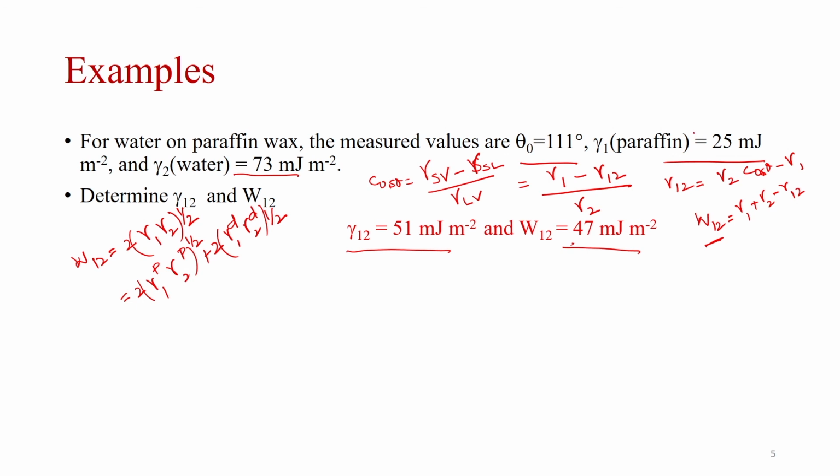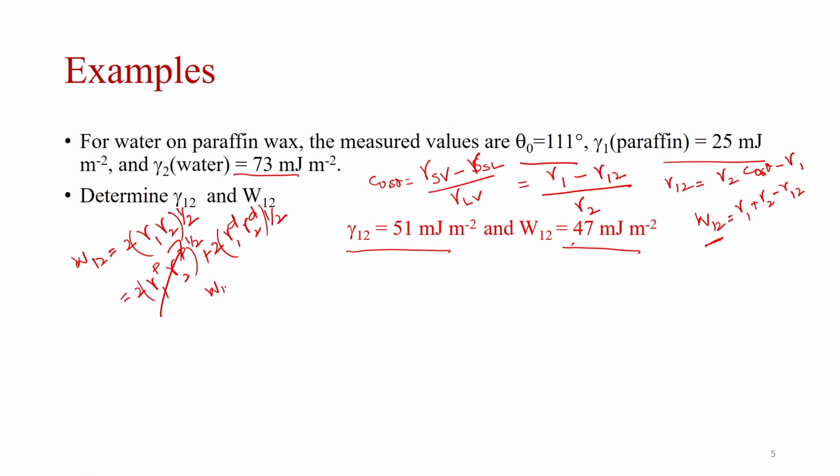Now, paraffin we can assume is non-polar, so its polar component will be 0. Water has both polar and non-polar components. The polar component is higher, 53, and the non-polar is about 20. So, this term will be 0 because the paraffin does not have any polar component.